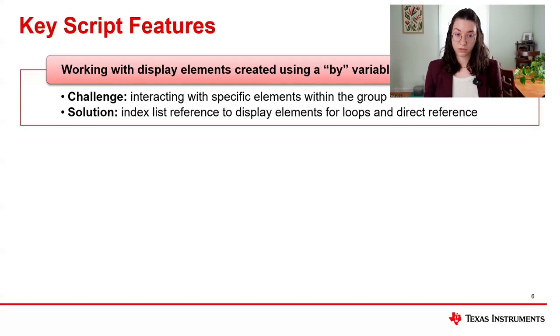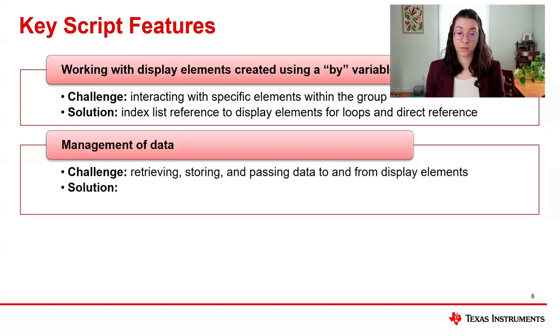And my solution for that is, when I create that distribution, I'm naming it, and that gives me a list of references to the individual display elements. So I can use that with a loop or directly reference by index into those. Second is managing data.